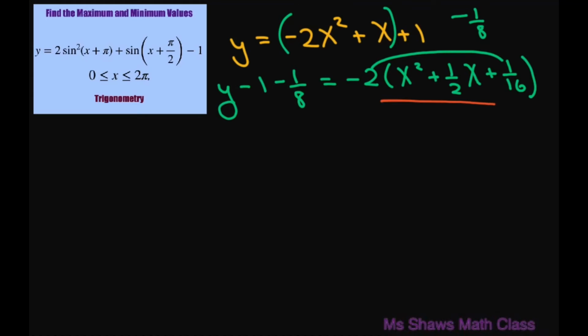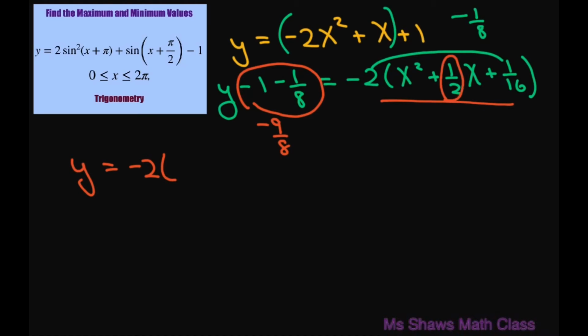Now, this is a perfect square trinomial. This is going to be negative 9/8. So we're going to write this as y equals negative 2, and you take half of 1/2, so that's going to be x plus 1/4 squared, and let's add this 9/8 to both sides. Okay, so that's the long way to do that.